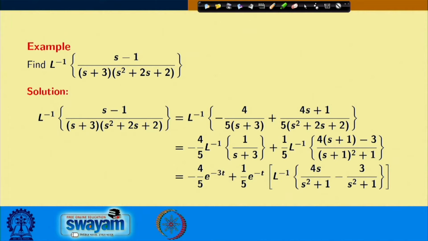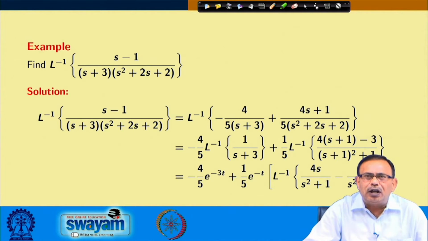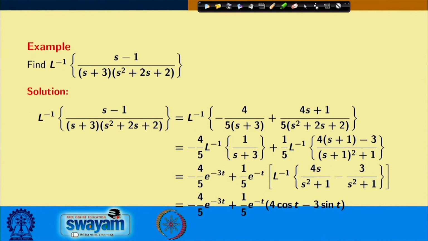I can write it simply as e power minus t into 4s by s square plus 1, and similarly for the rest part, that is 3 by (s plus 1) whole square plus 1, using the property I can write it like this, and from here I can obtain the desired result.